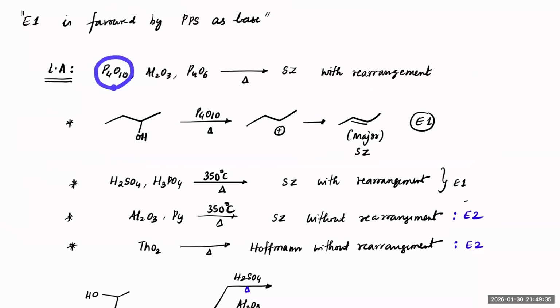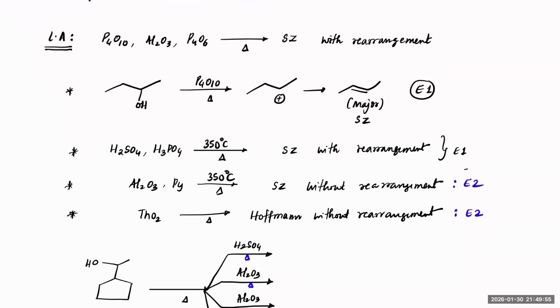And Lewis acids like P4O10, Al2O3, P4O6, they also on heating perform E1 mechanism on alcohols, and they will give Saytzeff without rearrangement. Like this P4O10, it will remove this, double bond will form, that will be the major product. And with H2SO4, H3PO4 at around 350 degrees, you will have Saytzeff with rearrangement, that is also E1.